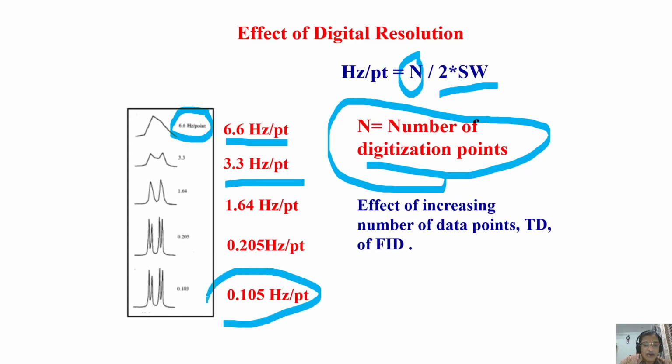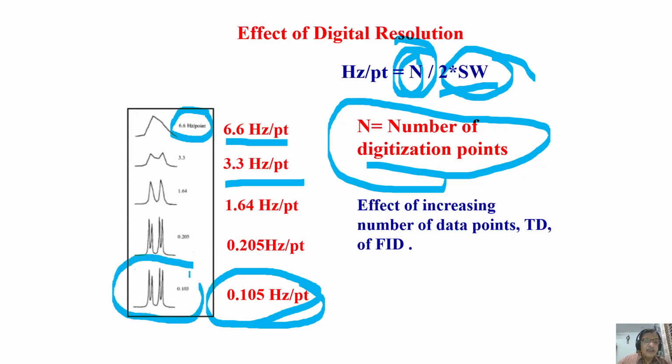Come to 0.105 hertz per point by playing with the number of digitization points or the spectral width. Reduce the spectral width or increase the number of digitization points, the size of the memory. In which case, what you would have seen with a poor resolution as a broad hump, now you will see as a doublet of doublets.